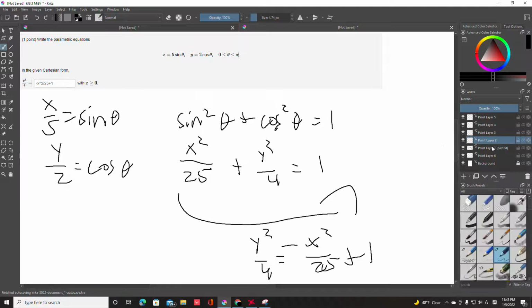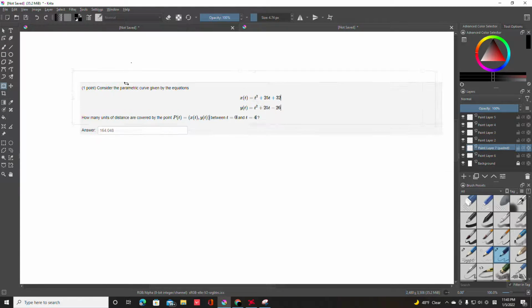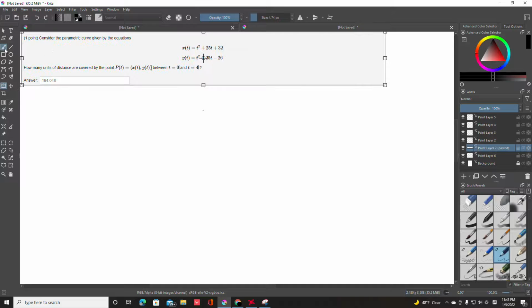So here it is. Okay, we have to find how many units of distance are covered. So for the distance, we have to use the arc length formula for these parametric functions.